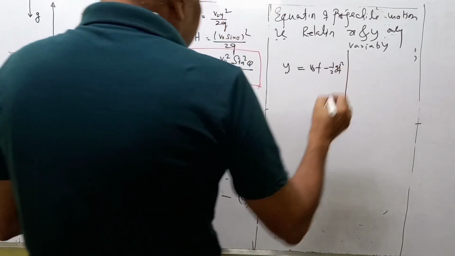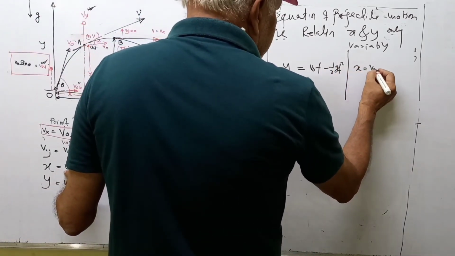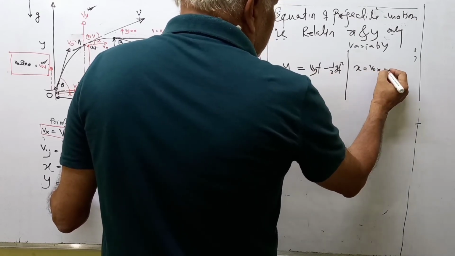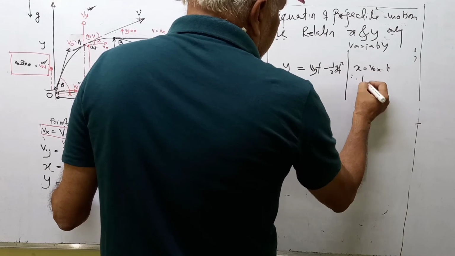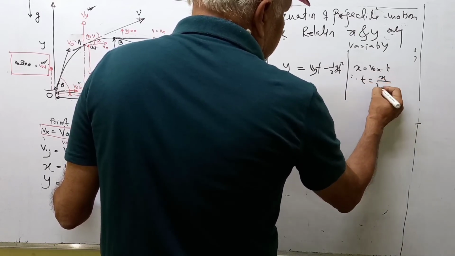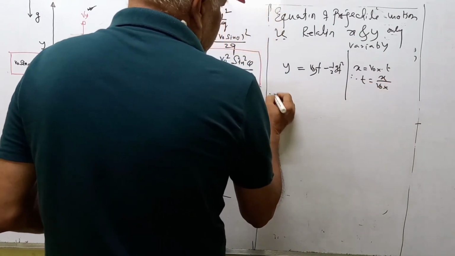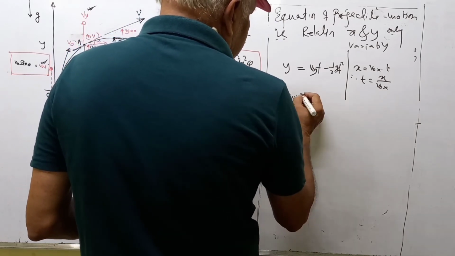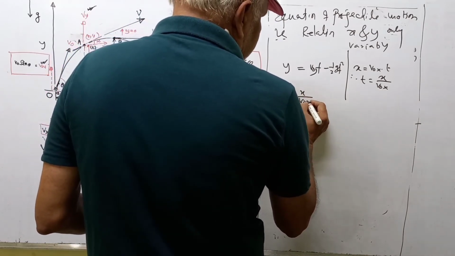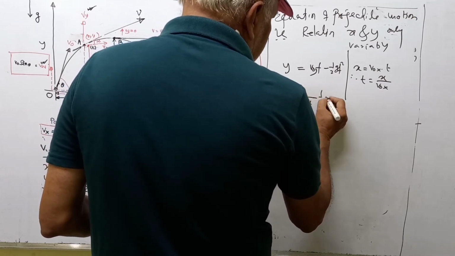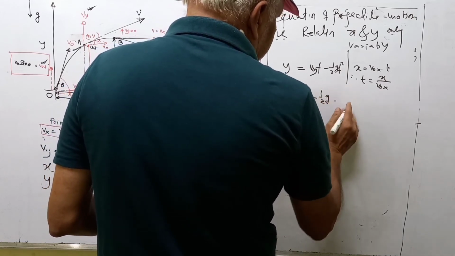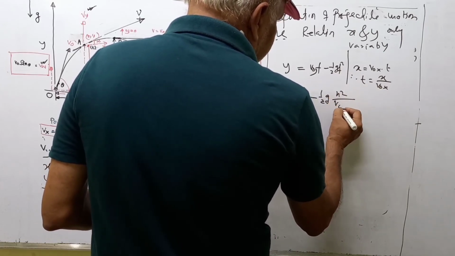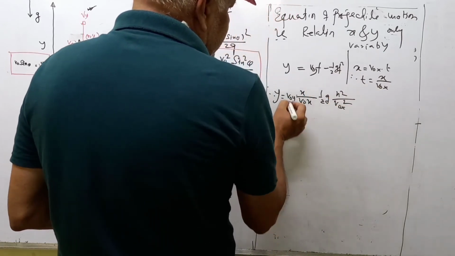Here x equal to v0x into t, then we can write t equal to x by v0x. Therefore y equal to v0y x by v0x minus half g into x square by v0x whole square.